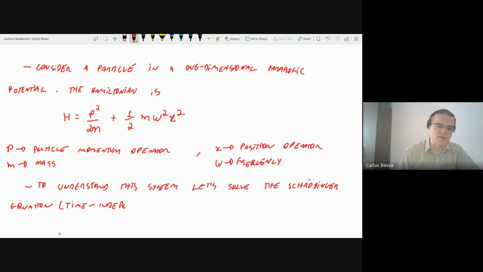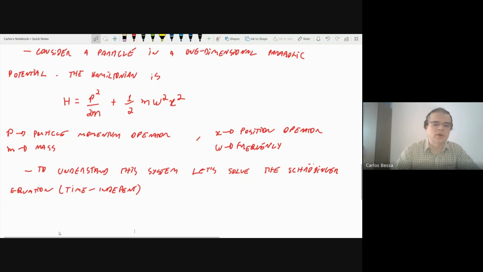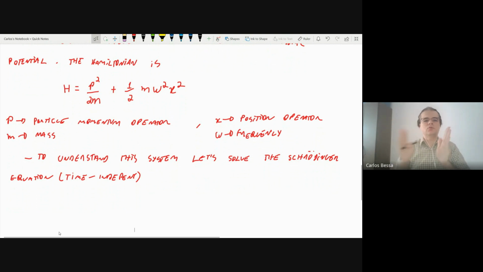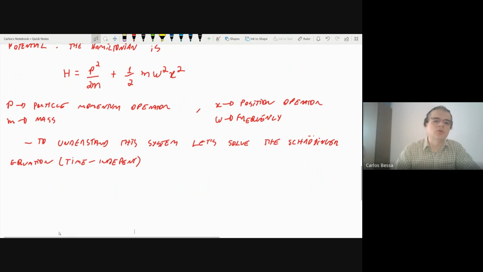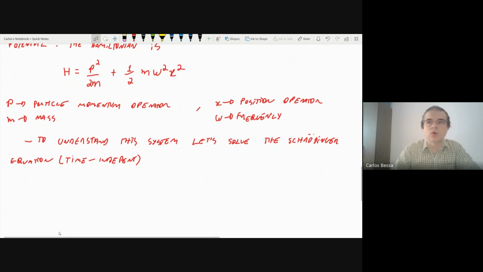The time independent part, because the potential is not time dependent. So we can make a separation of variables, and in the end, the time dependent psi will be multiplied by the exponential of minus i energy times time. We saw this in one of the previous lectures, I don't remember exactly.